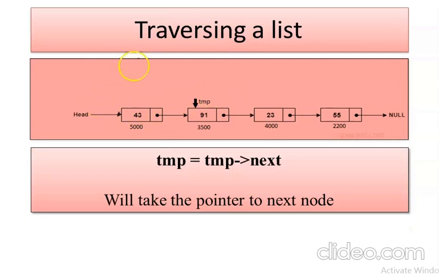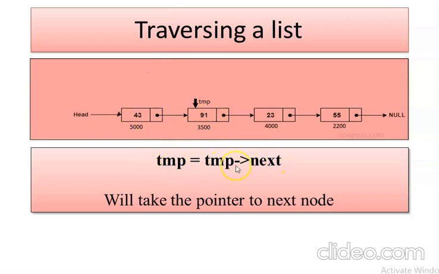When we move like this, if you want to move TMP to this point, the address of this node is 3500. If we want this node to be known as TMP, then the value of TMP should be 3500. When TMP was here, the value here was 3500, is it not? Then we can copy this 3500, which is TMP arrow next, into TMP.